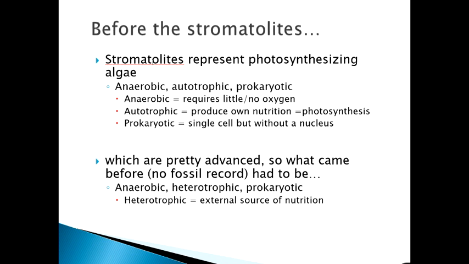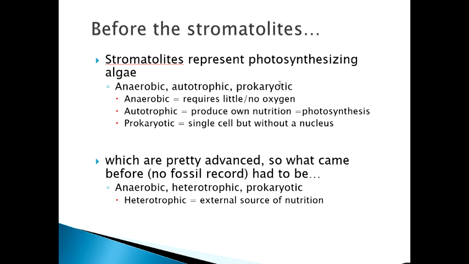But those algae that do this, we call them blue-green algae or sometimes cyanobacteria, they are anaerobic, that is, they grow well in oxygen-free environments. They are autotrophic, meaning they produce their own food. Trophism is feeding, and auto means you're self-feeding. And then they are prokaryotic, which I'll show in just a minute.